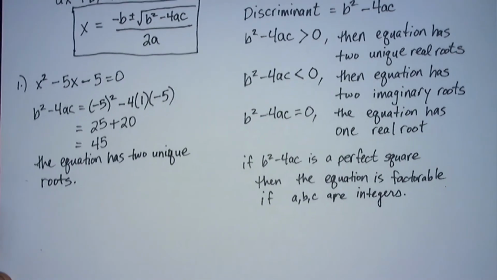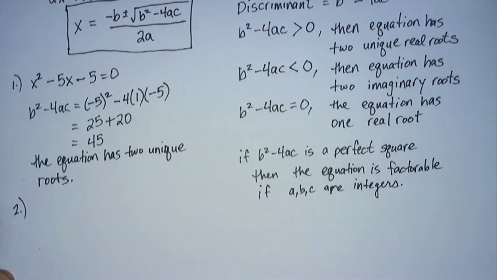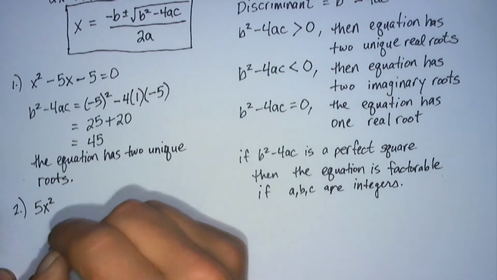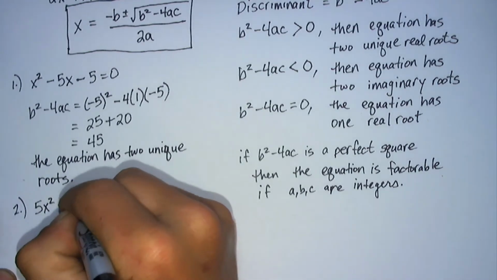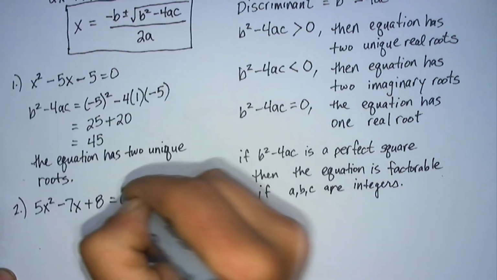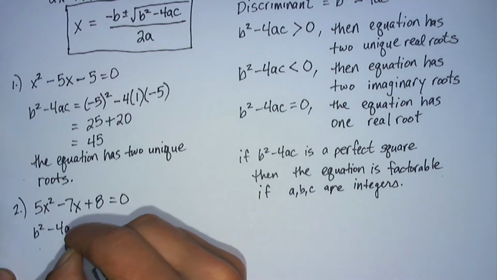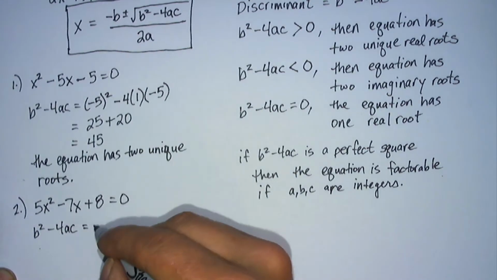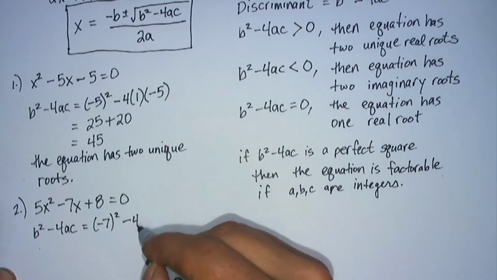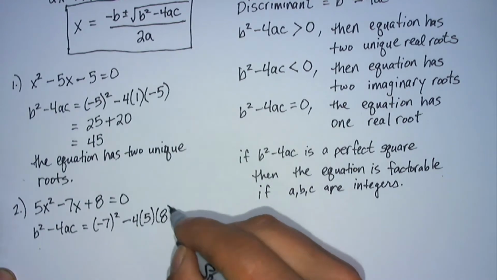Let's look at another example here. 5x squared minus 7x plus 8. Okay. So again, we're going to find b squared minus 4ac. And b is negative 7, minus 4 times a, which is 5, times c, which is 8.